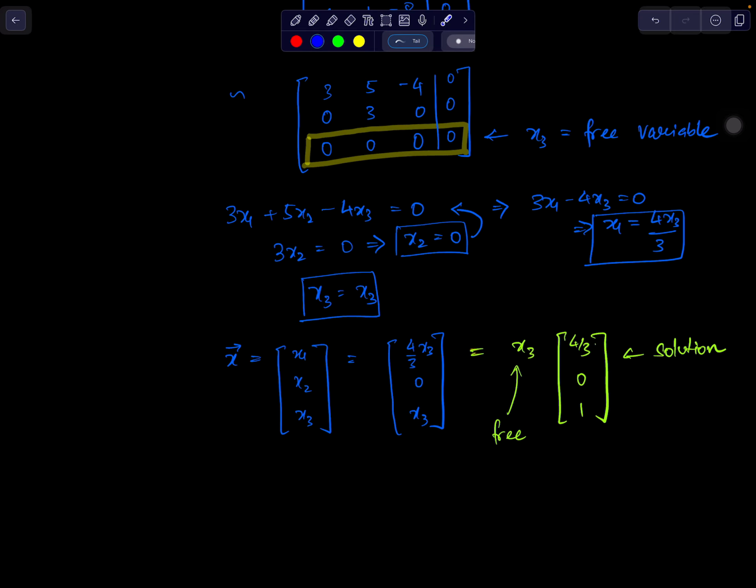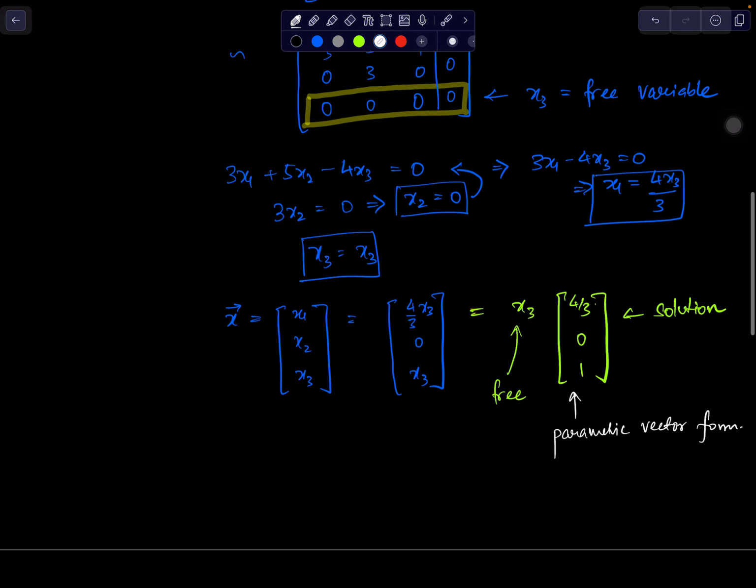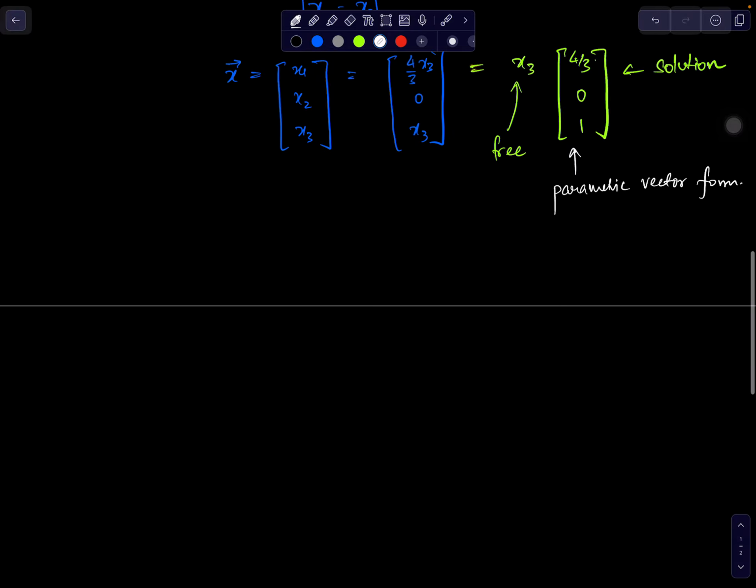And of course, if you want, you can label that this is written in the parametric vector form. Now, of course, the next, more complicated case would be if you have a non-homogeneous system.